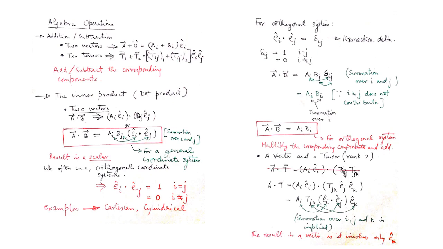So the dot product for a general coordinate system will have 9 terms and not the usual 3 terms that you are familiar with, because you normally work with a Cartesian system, which is an orthogonal coordinate system. So a very general treatment for a coordinate system which may not be orthogonal gives the dot product as a_i b_j e_i dot e_j, summation over i and j implied.